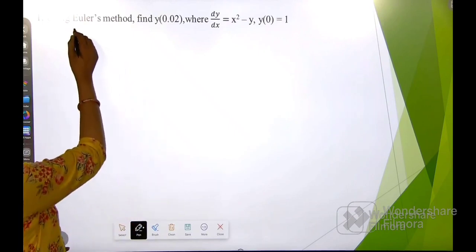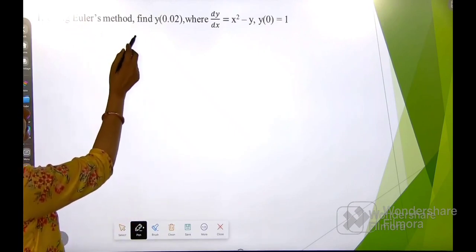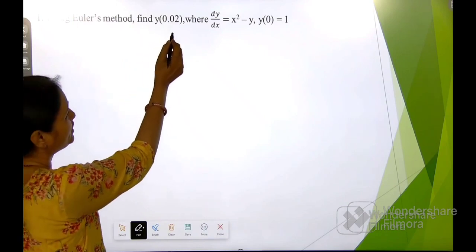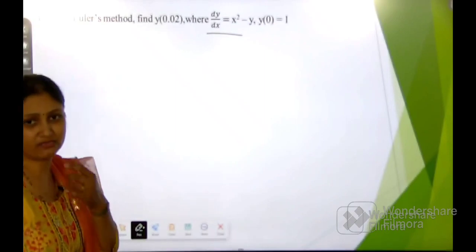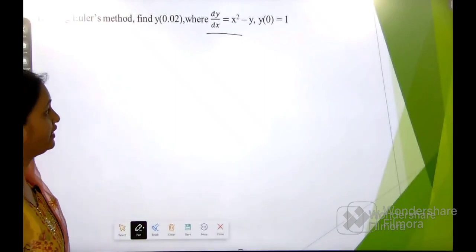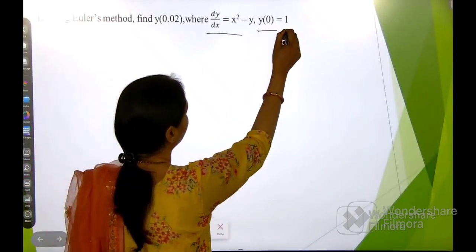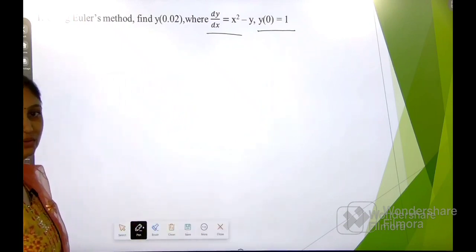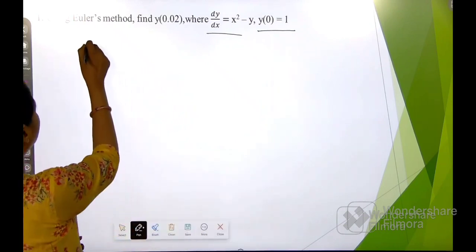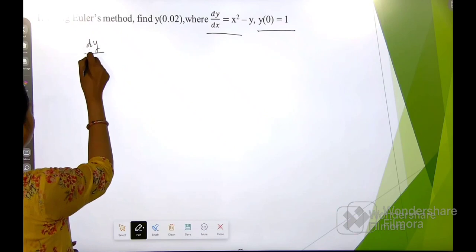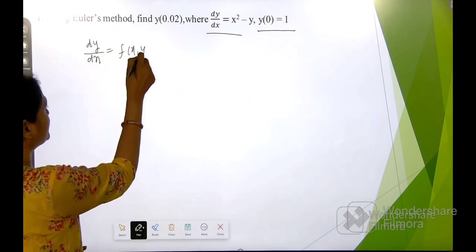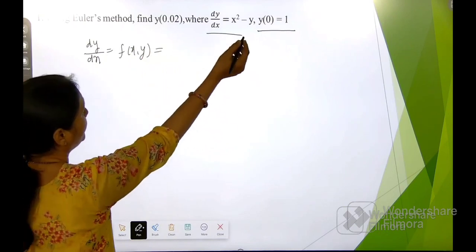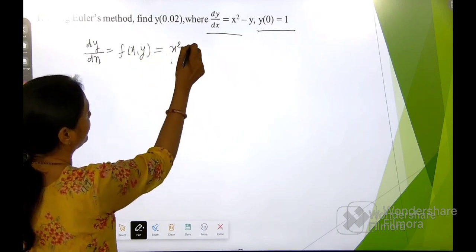So let us take one example using Euler's method. Find y of 0.02, where dy by dx is equal to x square minus y, and we are given the initial condition y of 0 equal to 1. Now dy by dx is nothing but our function f of x comma y, and here the function is x square minus y.